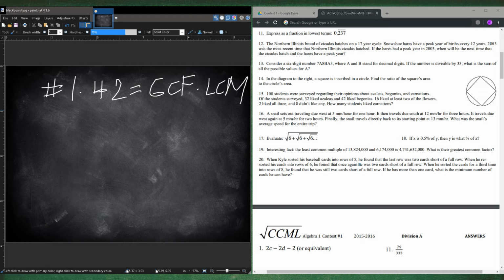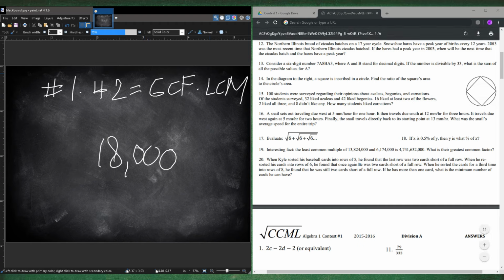Multiply those two together. You get a really large number, but you don't care. And then you divide by 4,741,632,000. And you get 18,000 also as your answer. It's a pretty cool property for you to know. So if you want to know, that's how you do it.